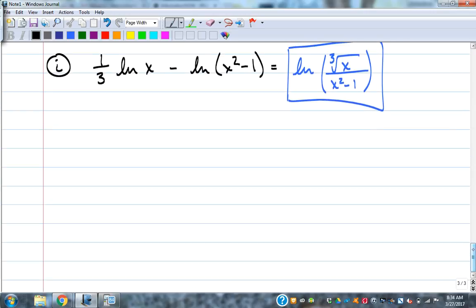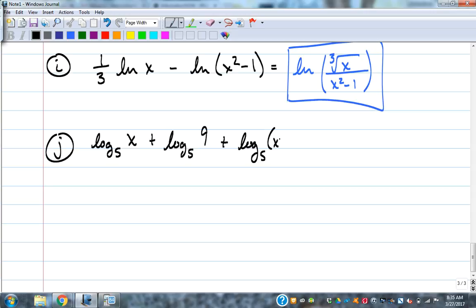All right. Log base 5 of x plus log base 5 of 9 plus log base 5 of x squared plus 1 minus log base 5 of x minus 3 minus log base 5 of y.